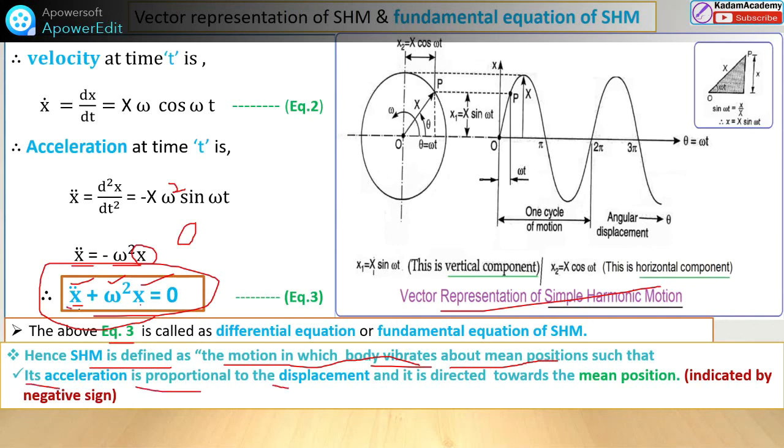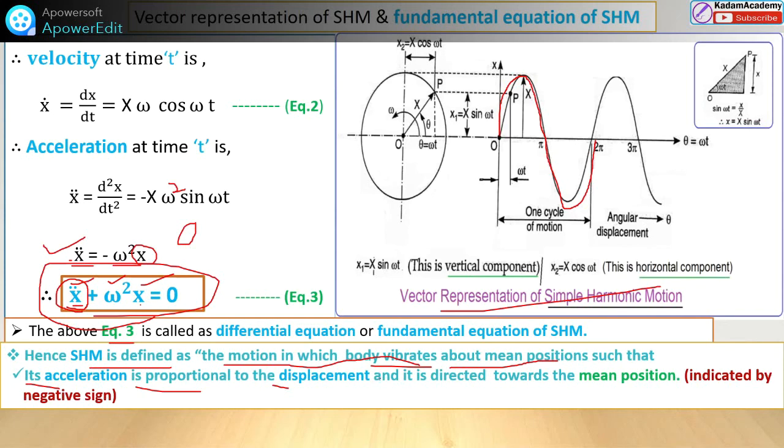See, this is the acceleration. In this diagram, this acceleration is in proportion with the small x, which is the displacement, and it is directed toward the mean position. Means when we move in this direction, again it will come to the mean position. When we move like this, it will come to the mean position.